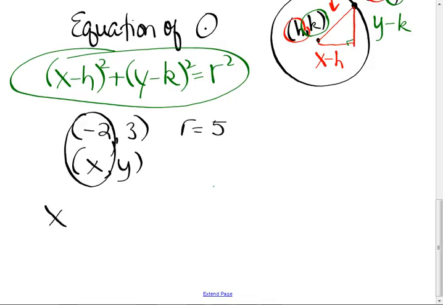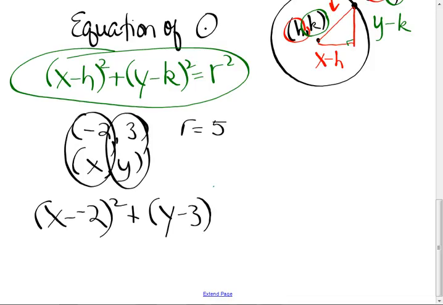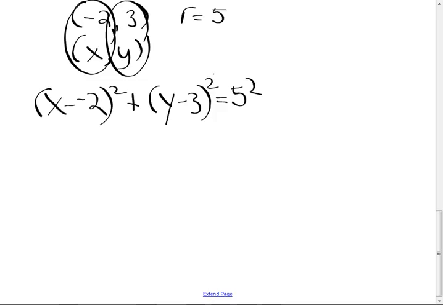You subtract them. x minus -2 squared plus, and then I subtract those. Now, could you do 3 minus y? Yes, but I prefer y minus 3. Squared equals r squared, which is 5 squared. That's it. So you don't have to memorize the formula. You can just put a point on the circle and just do the problem.